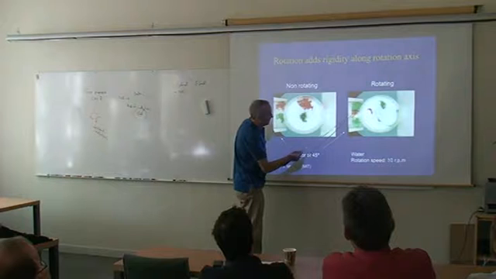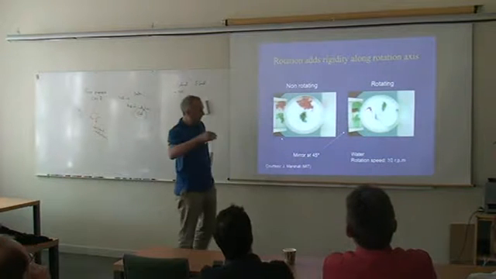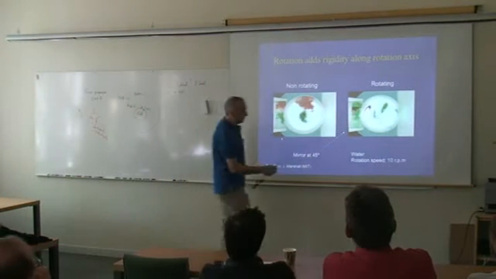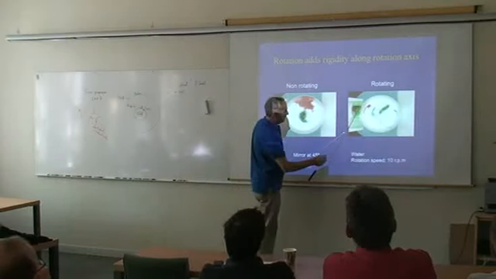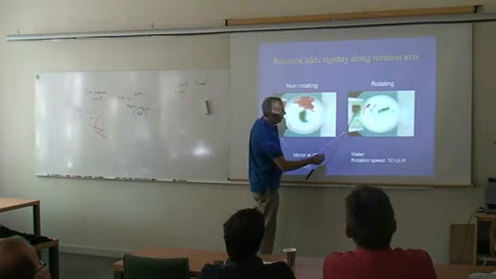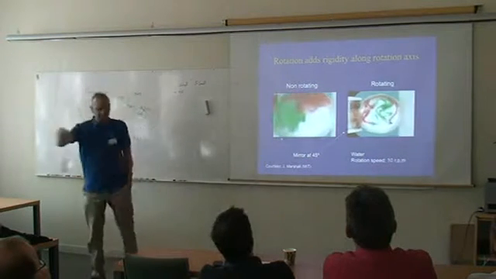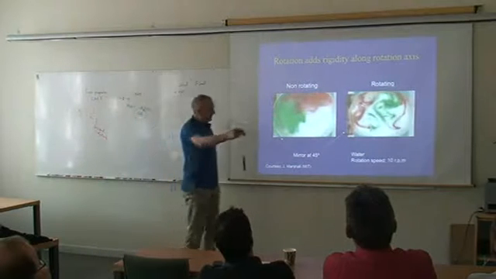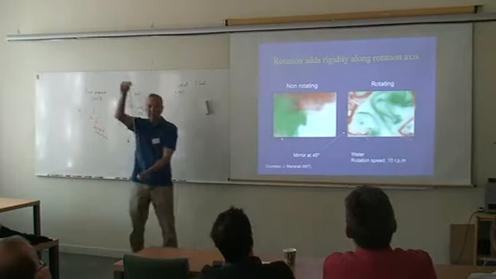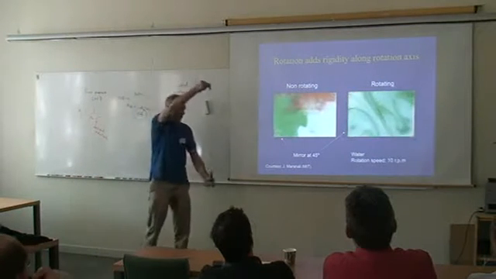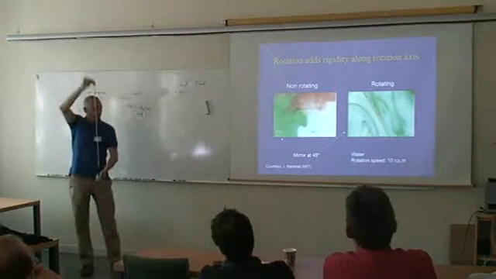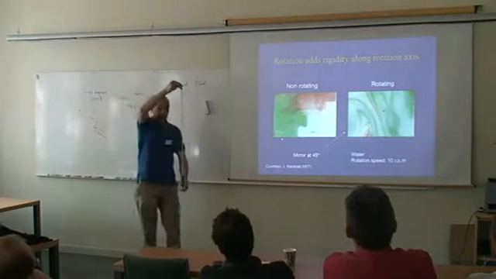Well, anyway, you can see that basically the fluid has a rigidity along the rotation axis, so that the same velocity takes place here as here. I'm sure you're all aware of this, but this is the Proudman-Taylor theorem, which says that the fluid moves as if a column were rigid about the rotation axis.